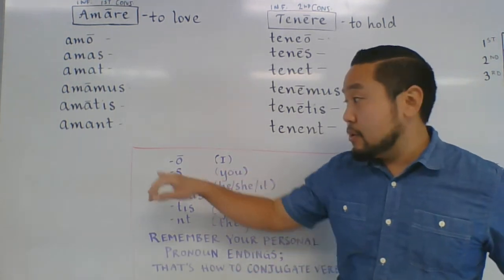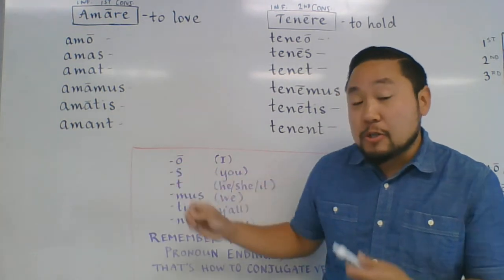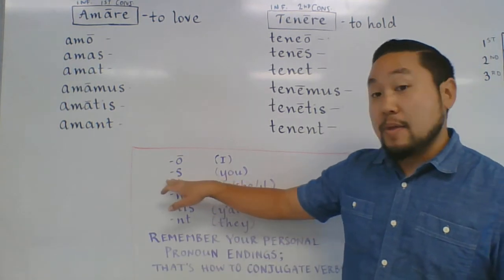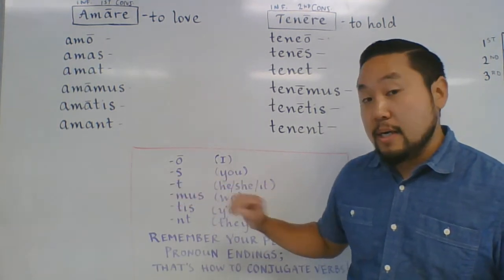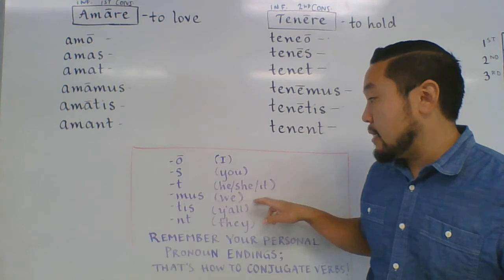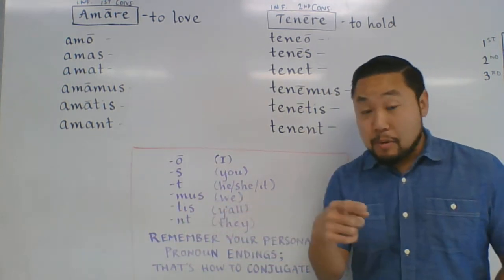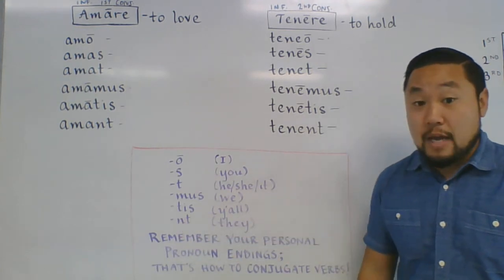So don't get confused. These endings of the verbs just indicate who the verbal subject is. Let's continue. If it ends with S, that's you. T, he, she, or it. Mus is for we. Tis is for y'all, that's you plural, and nt is for they.